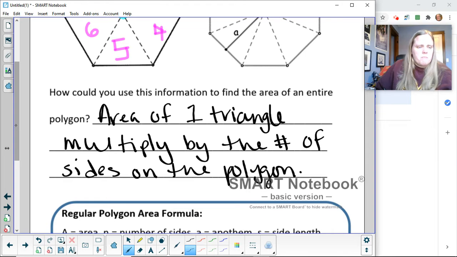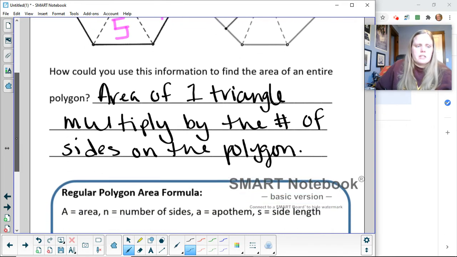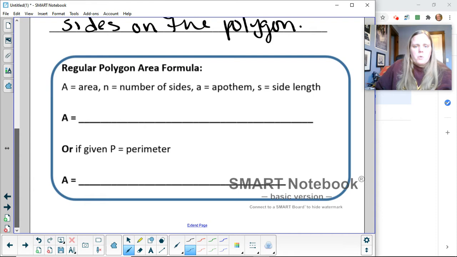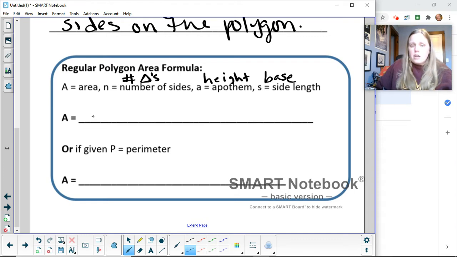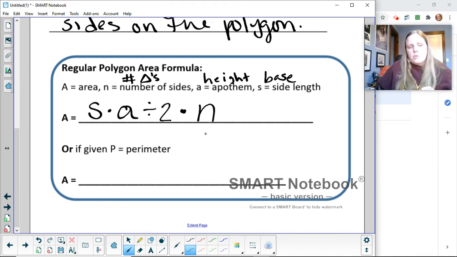Okay, so to put it more into polygon terms, instead of base times height, we're going to call the base our side length, the apothem our height, and then n is the number of sides or the number of triangles. So the area formula is going to be the triangle formula first, base times height divided by 2, and then we're going to multiply that by the number of triangles in the shape.